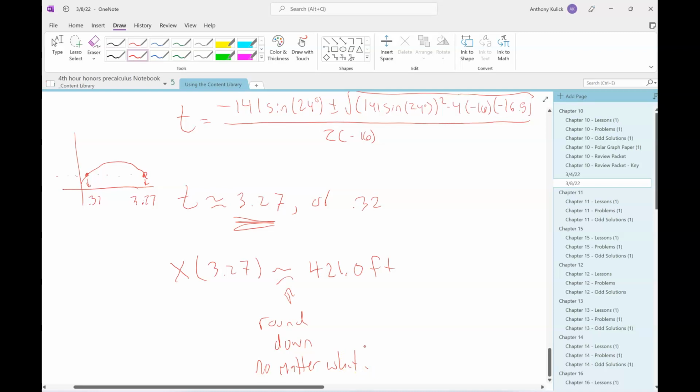So this one we need to round down no matter what if we think about it from a physics standpoint. Is that okay with you guys, since it's asking for the furthest?